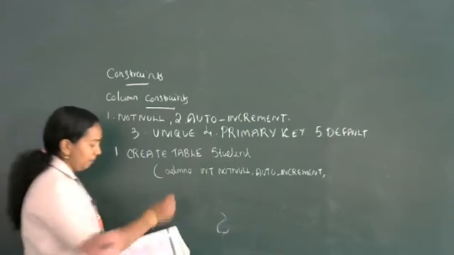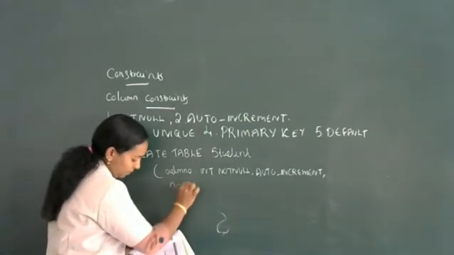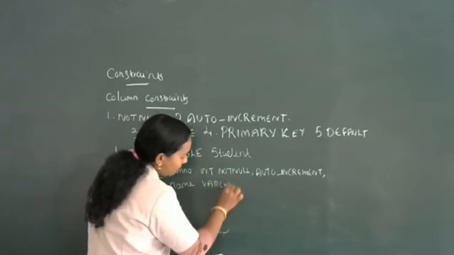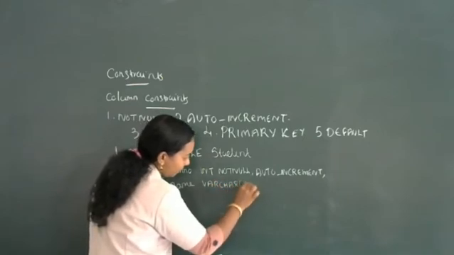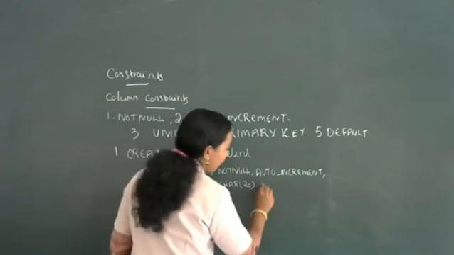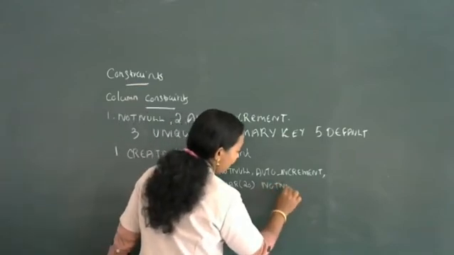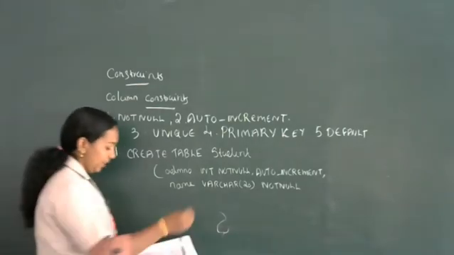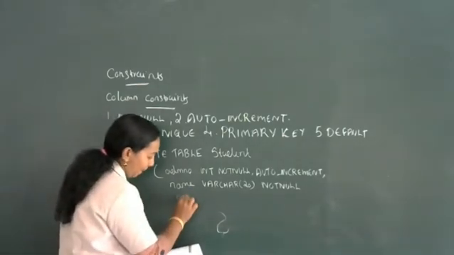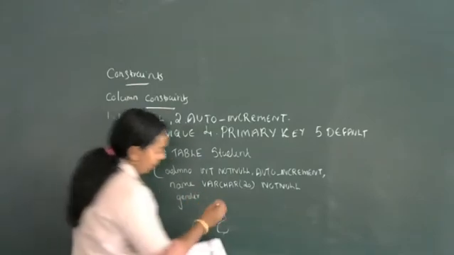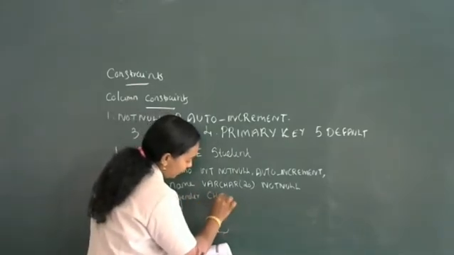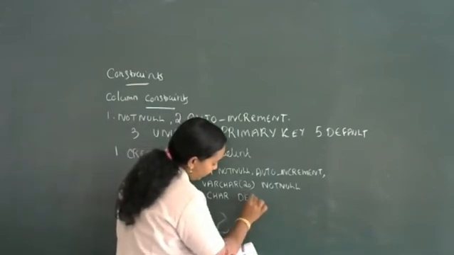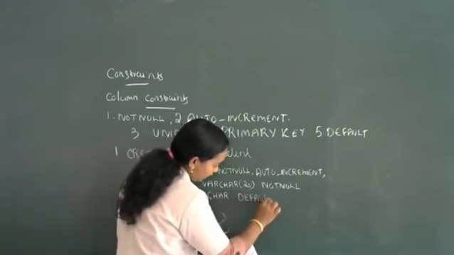Then second one, name, varchar of 20, and also name should not be null. So I am going to write not null. Then what is the third field? Gender. Data type char. Default value 'M'.